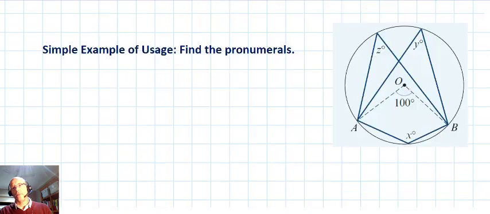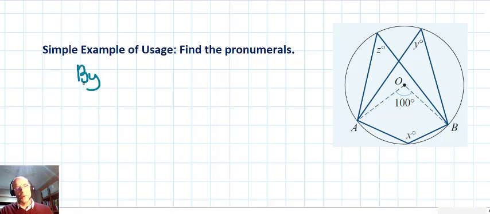Okay, a simple example to finish off, and we're going to find the pronumerals here, x, y, and z. There's two ways we can do it. Let's start with an easy one: we've got to find y. We've got a theorem we can use, theorem 1 yet again.